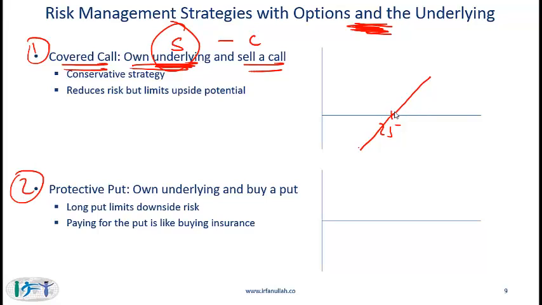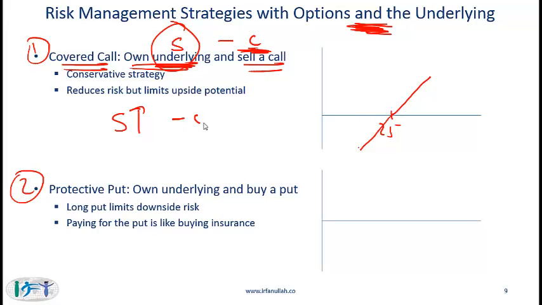Now, in addition to the stock, let's say that you go short on a call. In other words, if the stock price is going up, the short call position means that you will actually lose money, because with a short call you need to make a payoff. You need to make the payment if the stock price goes up.